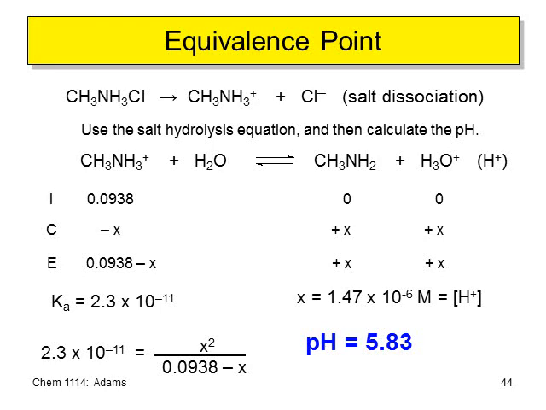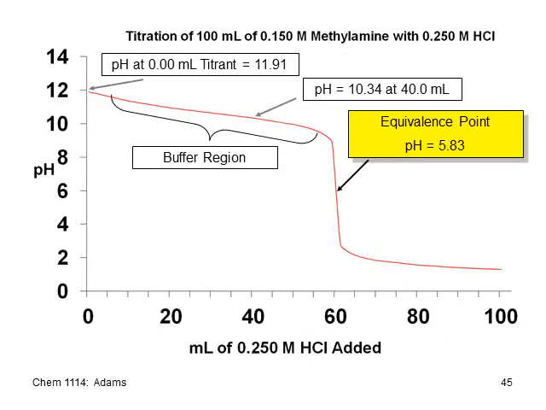Now this is going to make a lot of sense because my pH at the equivalence point of a weak base titrated with a strong acid should be less than 7. I'll repeat again, a strong acid with a weak base is less than 7. A strong base with a weak acid, like we did prior, is greater than 7.